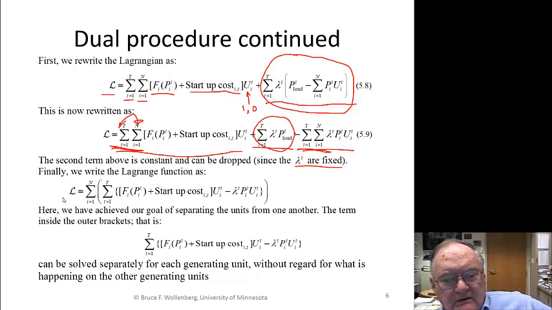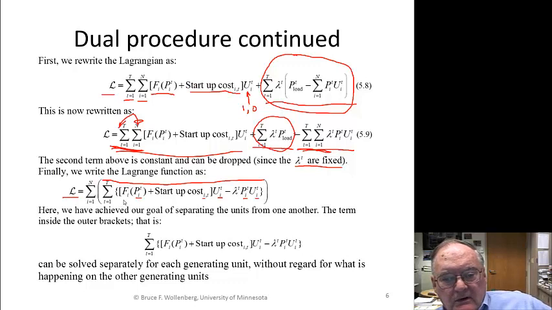So what this says now, remember this is the step where I've fixed the lambdas, is that I've got an internal summation which goes over all the time steps, and it only applies to one generator i. There's i here, i there, i on this U variable, and i and i. What's inside these brackets is only a sum that depends on a particular generator, so I can break this up.